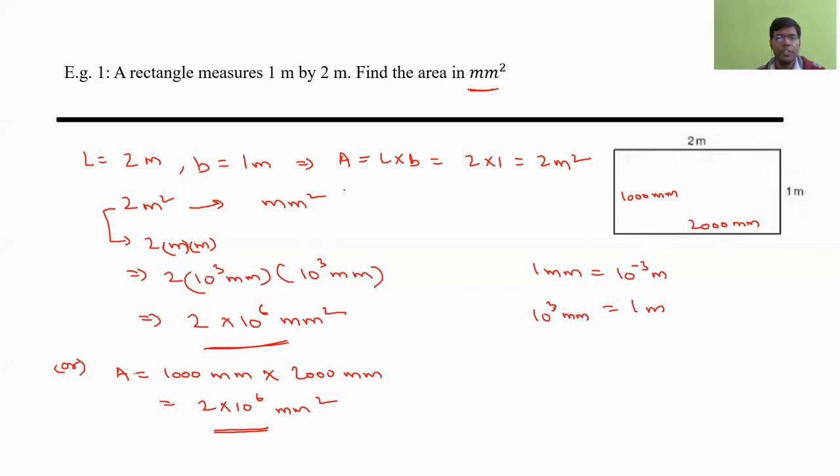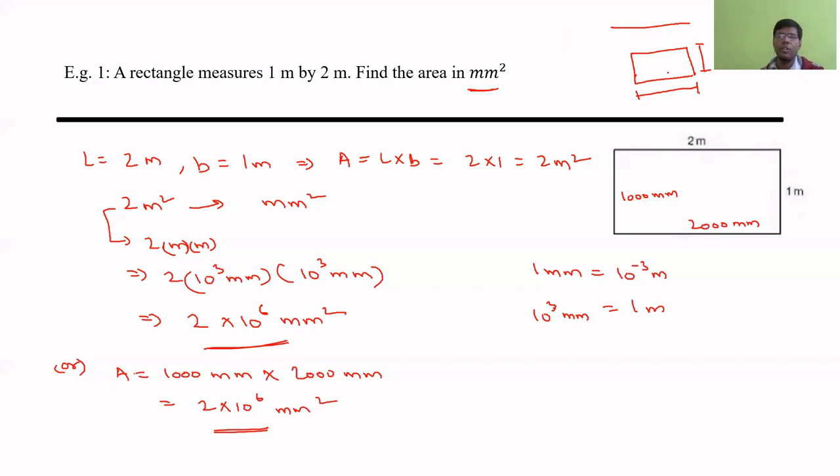So this is how we convert area from one unit to another. The length, which we have seen in the previous problem, was one dimensional, just a straight line that we measure. But area is two dimensional, so it has this length multiplied with this length.